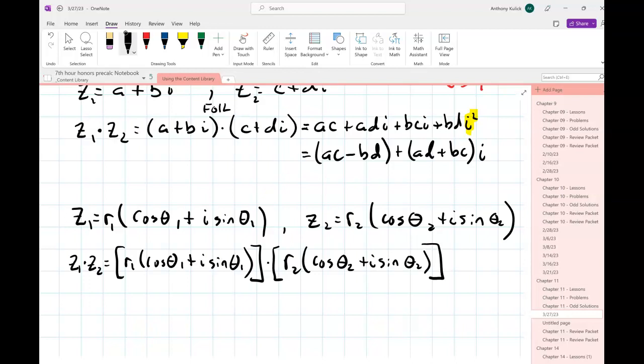Right? So just set it up the same way. If I want to multiply these two things together, the r1 and the r2 can just multiply each other together. But the cosine theta 1 plus i sine theta 1 times cosine theta 2 plus i sine theta 2, I still have to FOIL that out.